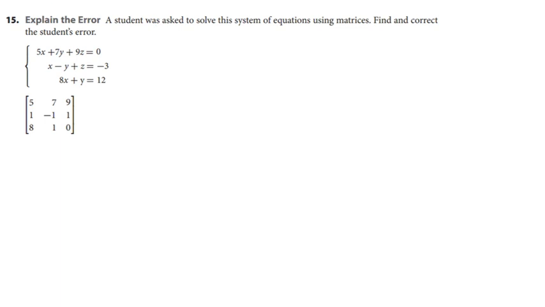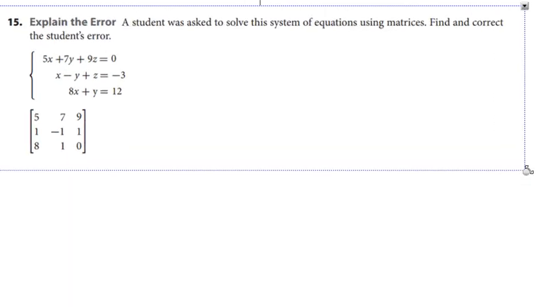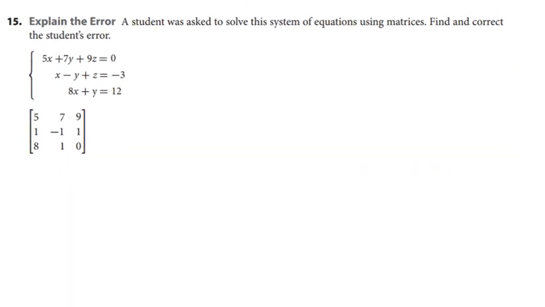I'm going to make this a little bit larger here. Okay. What we have is this system, and how is this one in error? We went to matrices. Well, what you really need for this is, looks like we have 5x plus 7y plus 9z equals 0.